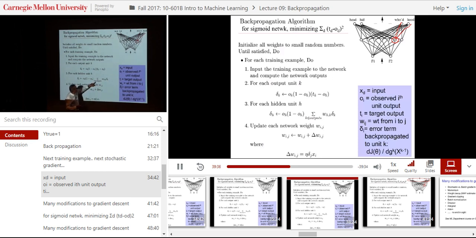And so here for the hidden unit h, say the red circled one, what I need to do is take its output times 1 minus its output. That's the sigmoid function it's using. But now what I'm taking are these deltas up here, weighted by the weight value that goes from this hidden unit h to output number k. So it ends up being a weighted linear combination of these output values.